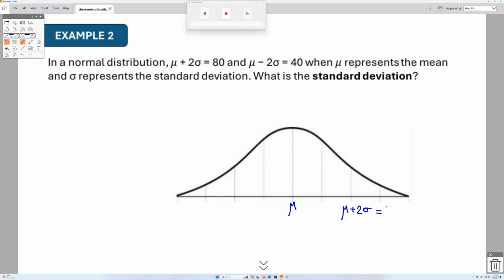In a normal distribution, there is a value of 80, 2 standard deviations above the mean, and 40, 2 standard deviations below the mean. The distance between this upper and lower bound of the interval is 40 units.